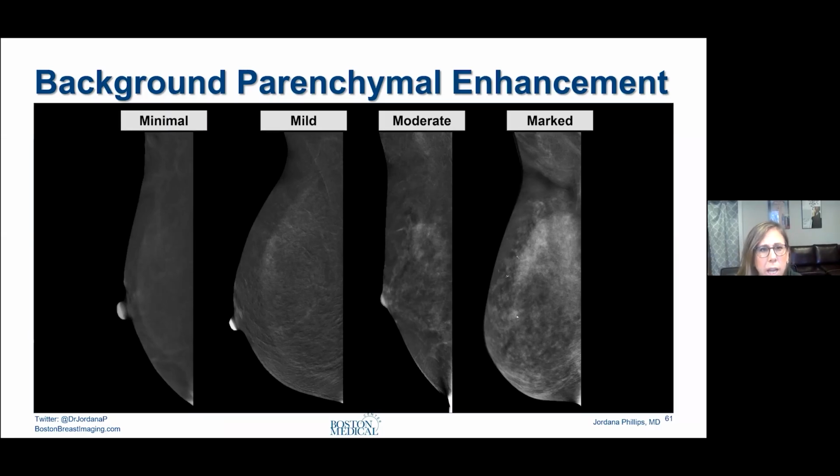So we have the same 4 categories on contrast mammo as we do with MRI: minimal, mild, moderate, and marked. And you can imagine that when you have a lot of background parenchymal enhancement, it might be difficult to appreciate a solitary area of enhancement. And so this can be a reason for a false negative on contrast enhanced mammography.